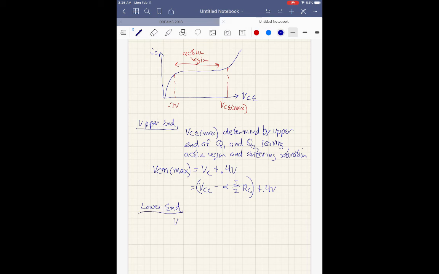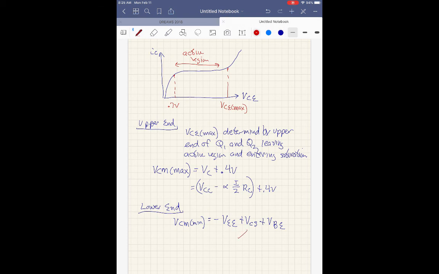Lower end, I want you to just realize there's an upper and lower end of this thing. Okay, there's a VCM min, which is equal to a negative VEE plus VCS, that's the current source voltage, plus VBE.